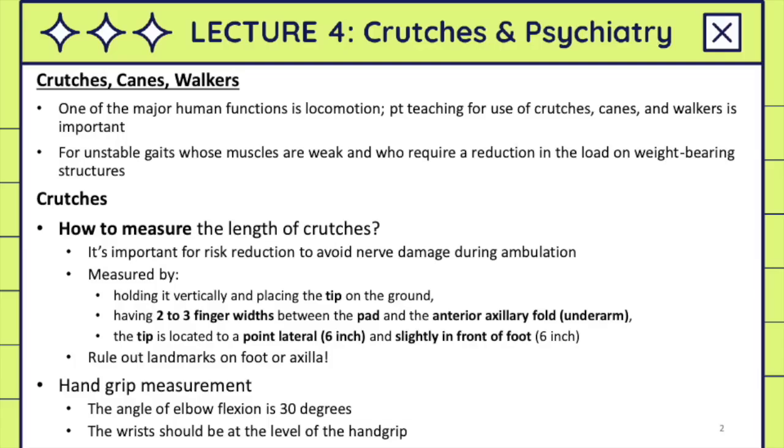Crutches, canes, and walkers. One of the major areas of human functioning is locomotion. And so they do test it. Certain things show up on boards with greater frequency than you might expect, and locomotion is one of those. To test that, they test casts, traction, canes, crutches, walkers, things that probably were not emphasized in your school much, were they?